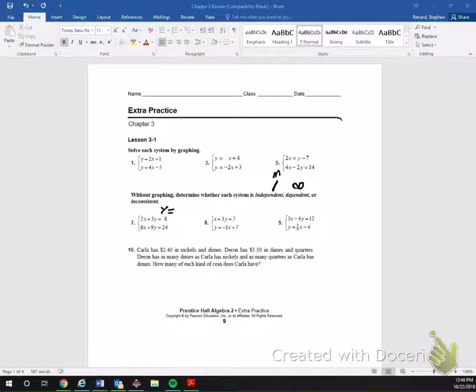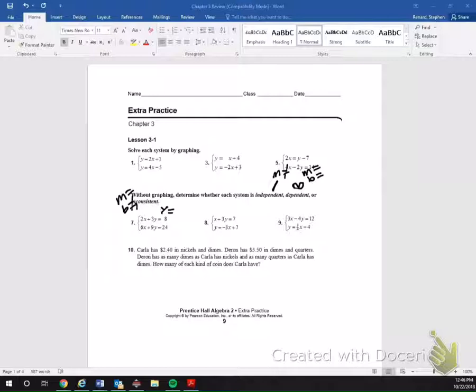So here, if their slopes are different, so the slopes aren't equal, it's independent. Dependent is the slopes are equal and their y-intercept is equal. It's the same line. Inconsistent means the slopes are equal and they have different intercepts, so they are parallel.